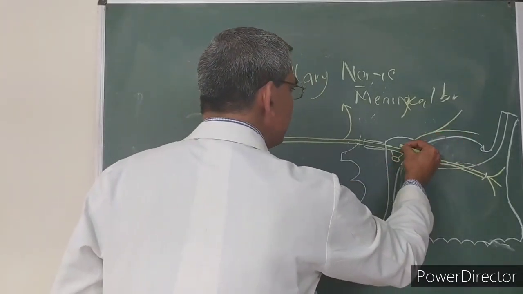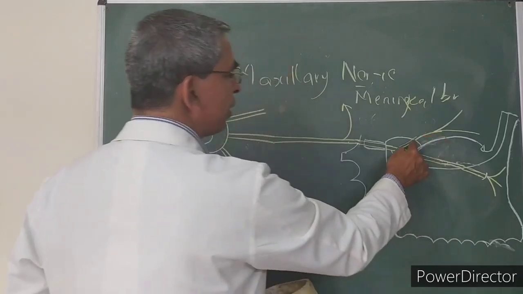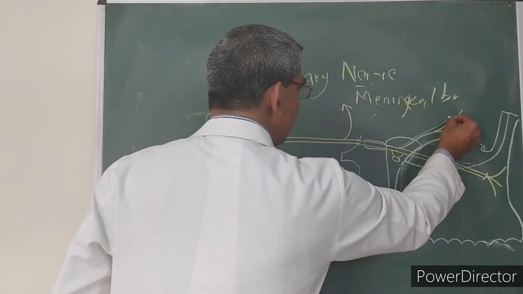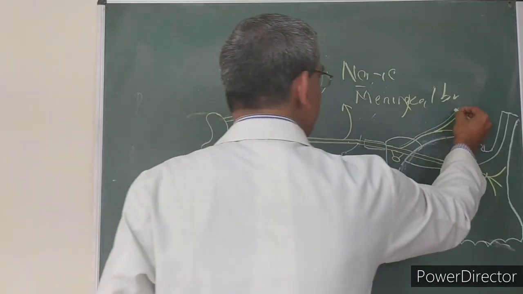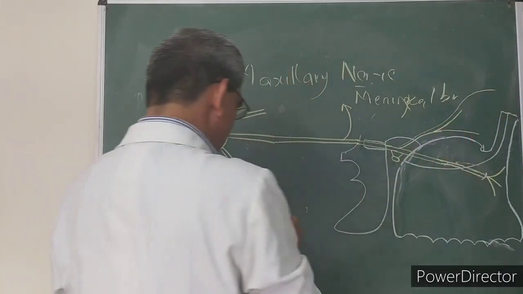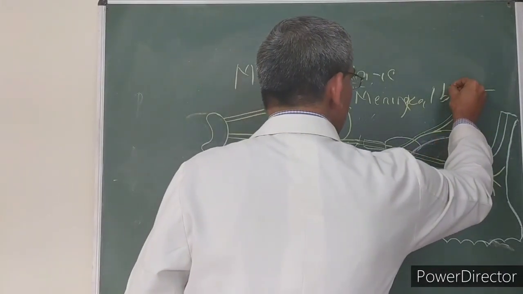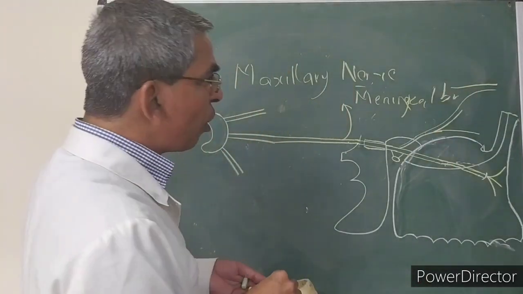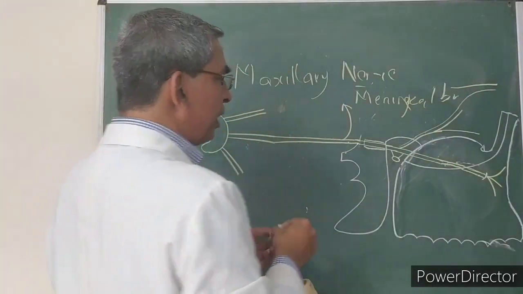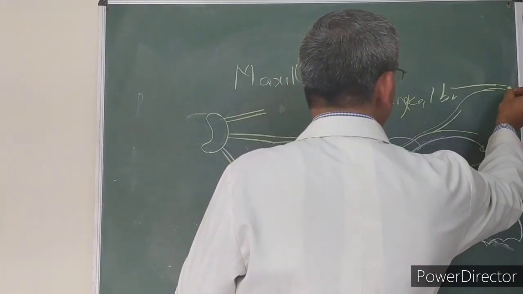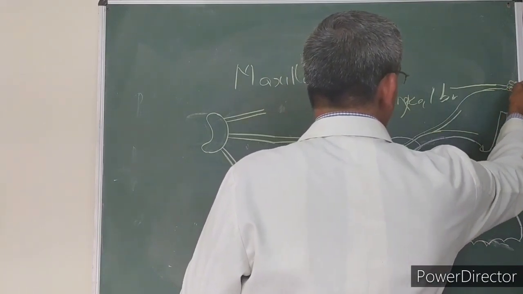These are the secretomotor fibers which first run with the zygomatic nerve, then pass to the zygomaticotemporal branch, and then this fiber enters into the lacrimal nerve. The lacrimal nerve is a branch of the ophthalmic nerve, and this fiber runs along the lacrimal nerve and then supplies the lacrimal gland.